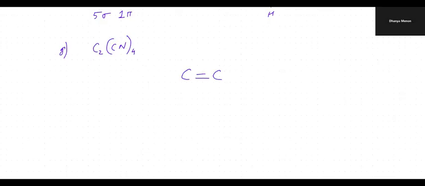Okay, so carbon is connected to how many CN groups, cyanide groups? 4 of them. So definitely 4 bonds will be there. Okay, so 2 of them connected to each of the carbons. So this is C triple bond N, C triple bond N. Same way this side also, carbon triple bond N, carbon triple bond N.